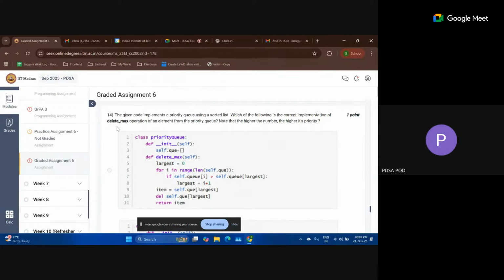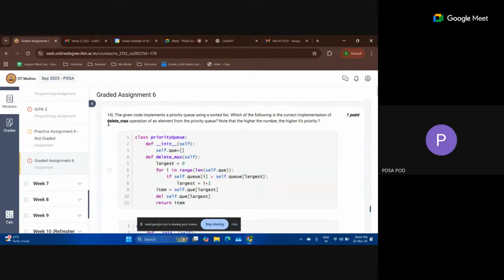The delete max operation is using a sorted list, right? So you have a list, sorted according to the priority, and you have to perform the delete max operation, which is basically the DQ operation. In the DQ operation, you have to find the element with the highest priority and then remove that element.